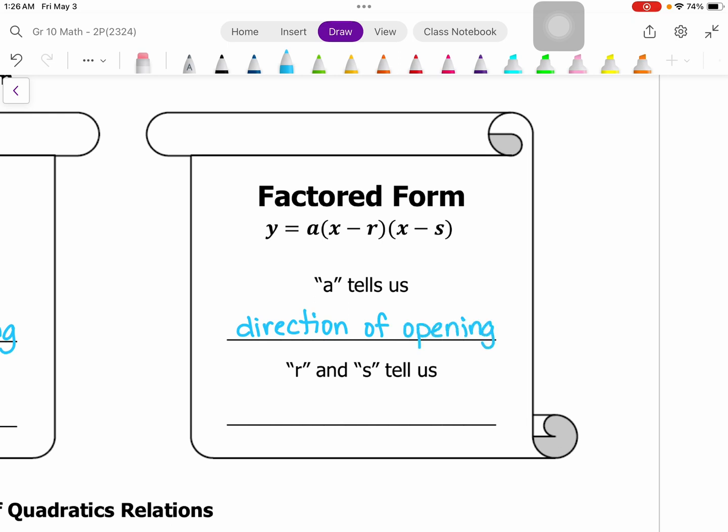The r and the s values, those tell us the zeros or the x-intercepts. So same name. Different names for the same thing. When does that parabola cross the x-axis?